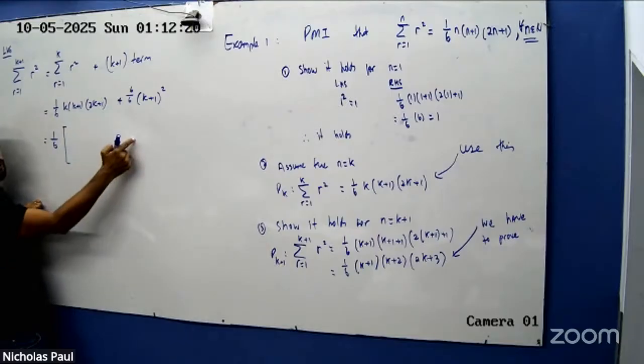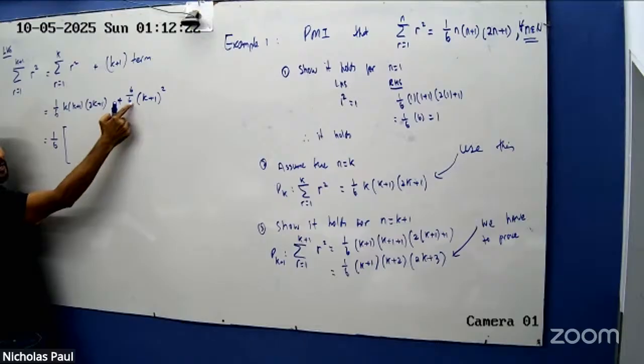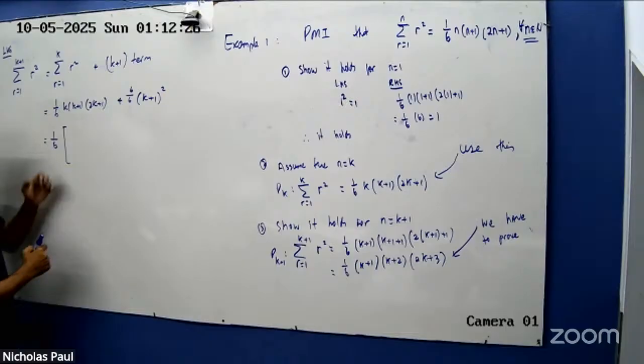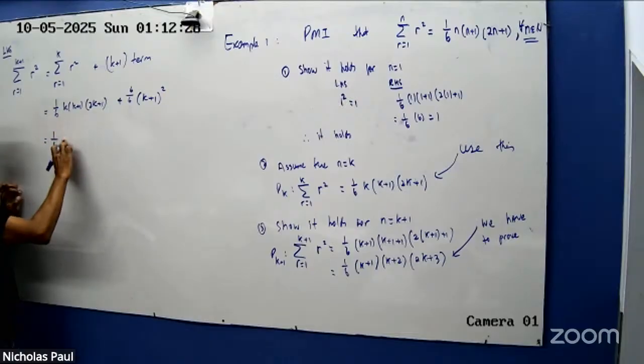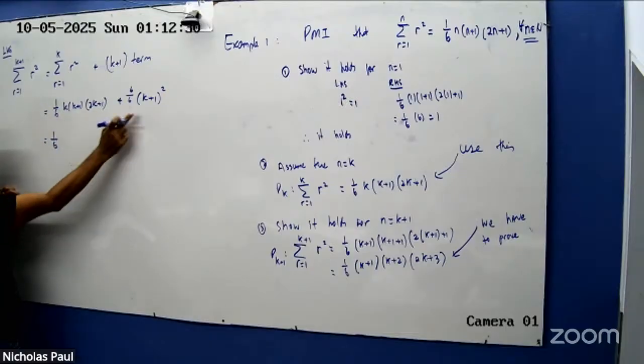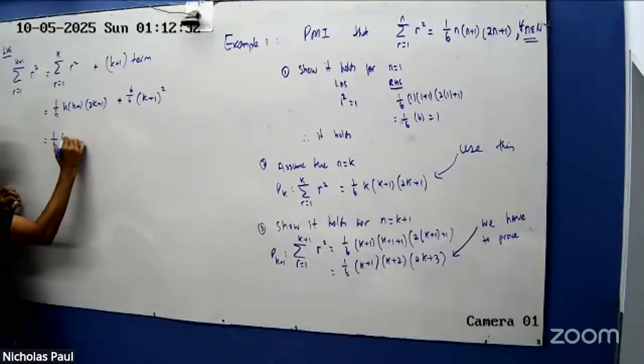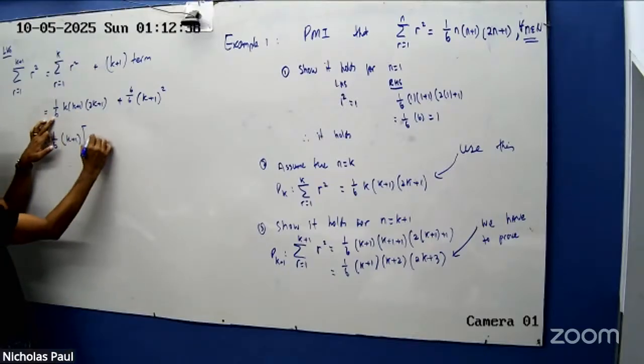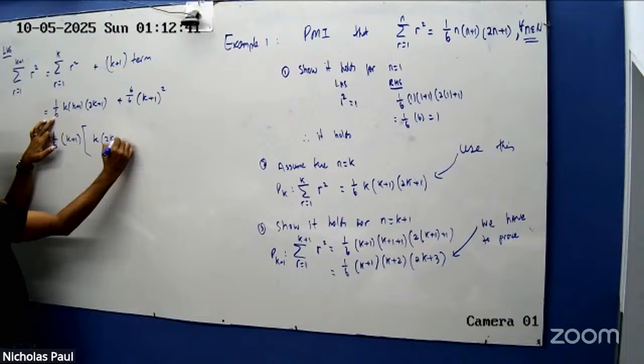They both have k plus 1, so I could factor out 1/6 k plus 1. What am I left with? This will cancel, and I'll get k by 2k plus 1.